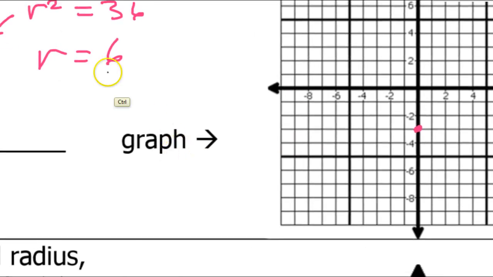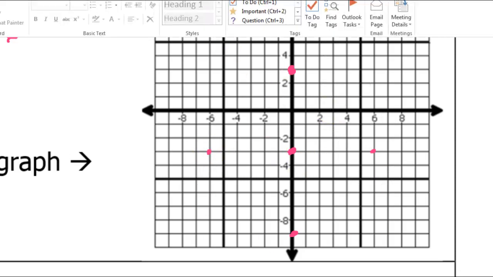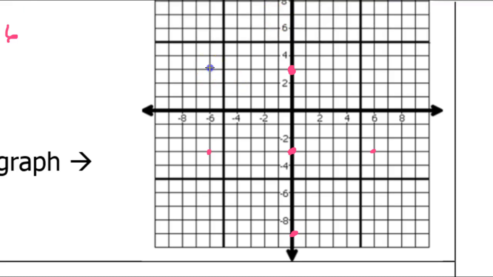If the radius is 6, that means if I go up 6, down 6, right 6 and left 6, all four of these points should be on the circle. So now I can just go ahead and draw that circle. All right, so there's the graph.